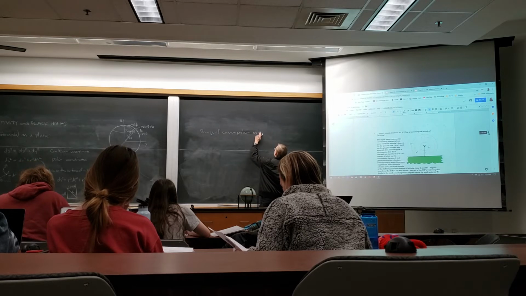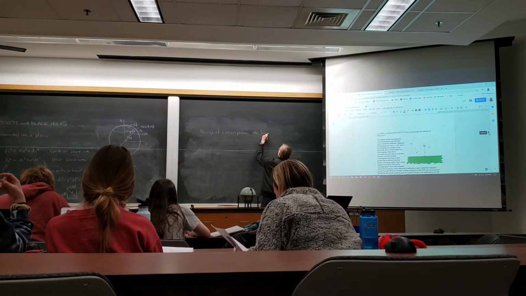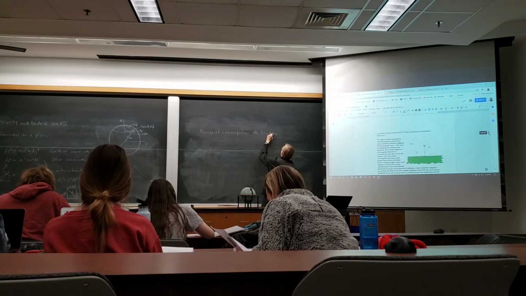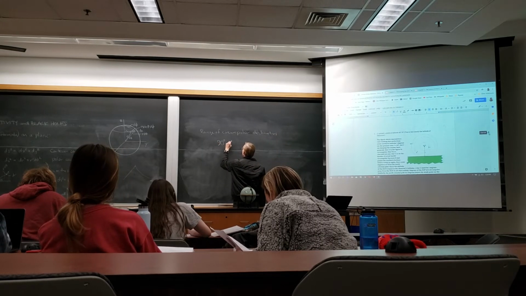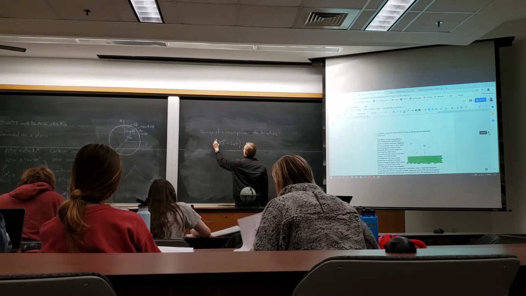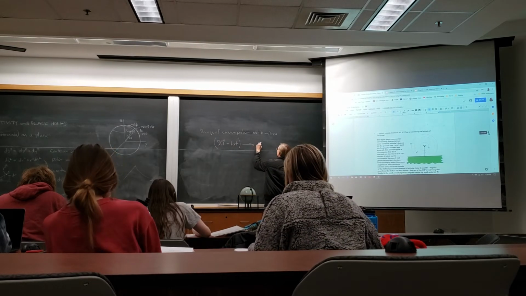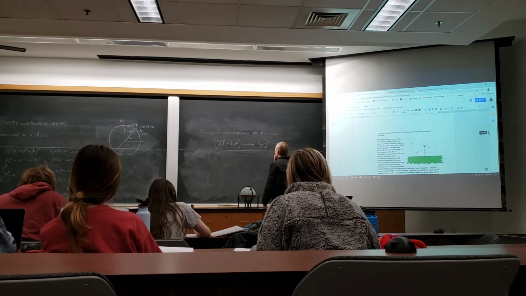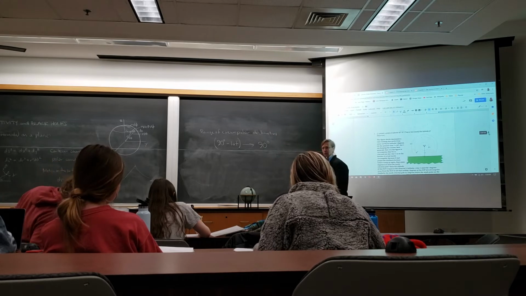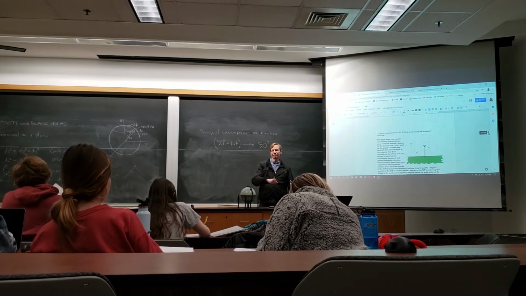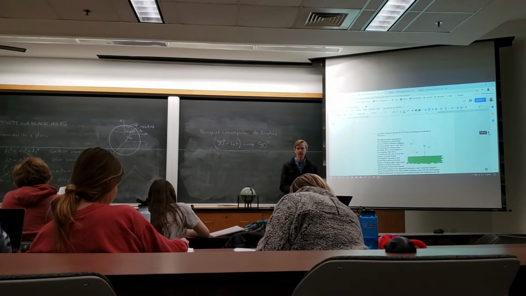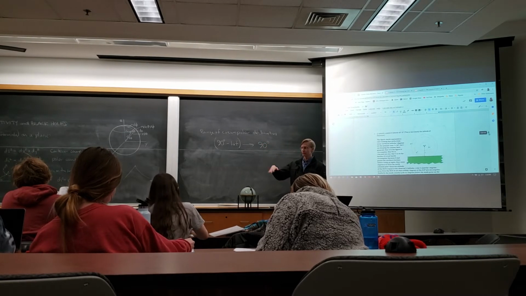The range of circumpolar declinations is going to be 90 degrees minus your latitude up to 90 degrees. 90 degrees is the celestial pole. 90 minus your latitude is basically as far down as you can go, so to speak, and still be circumpolar.